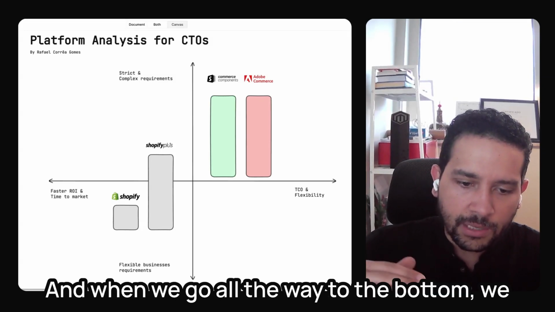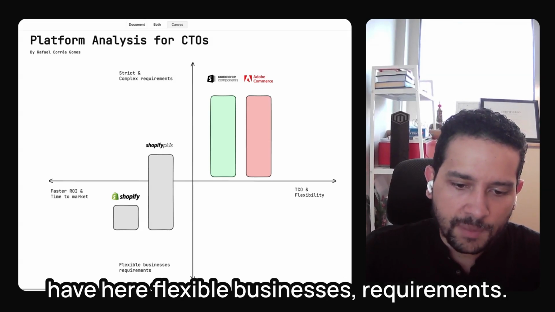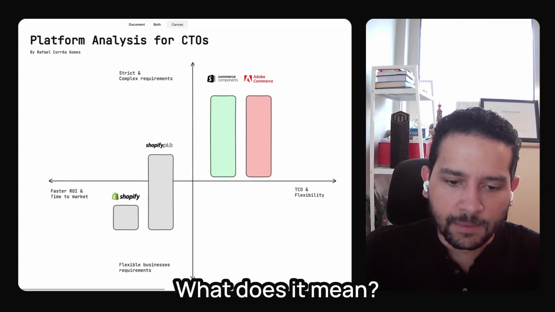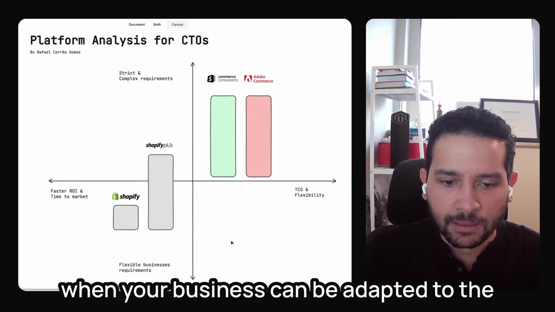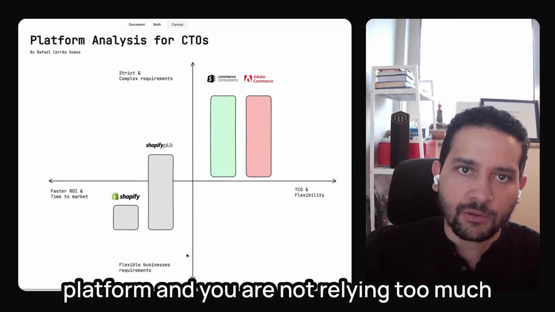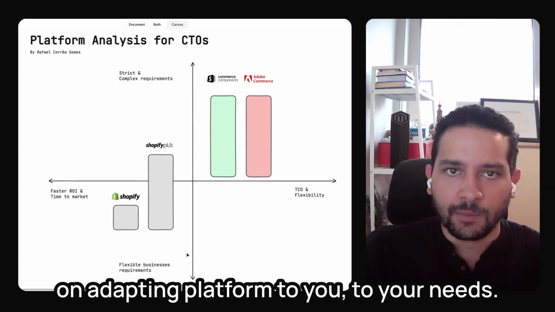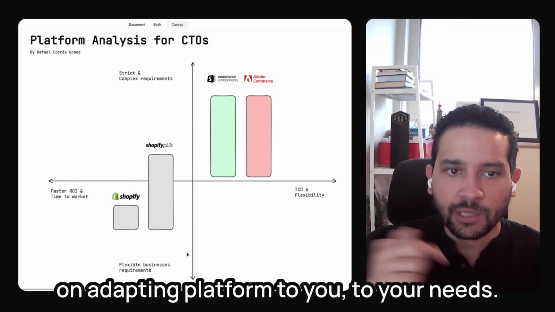And when we go all the way to the bottom, we have here flexible business requirements. What does it mean? We have flexible business requirements when your business can be adapted to the platform, and you are not relying too much on adapting the platform to your needs.